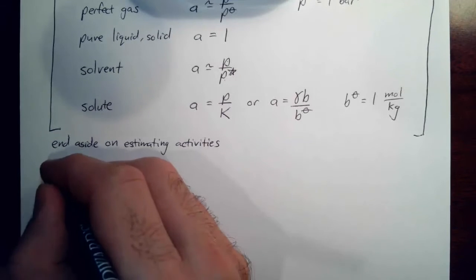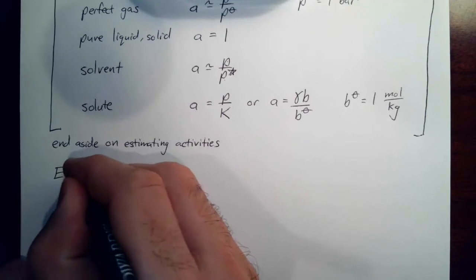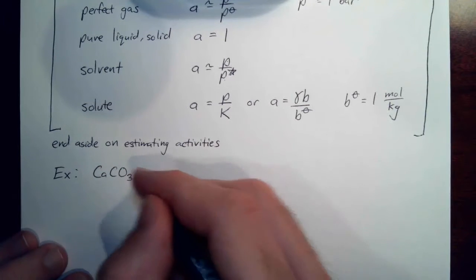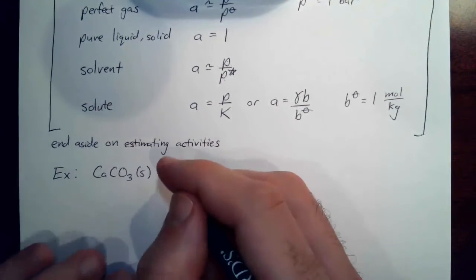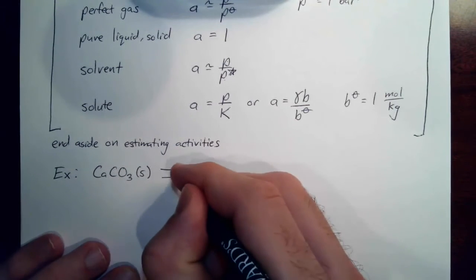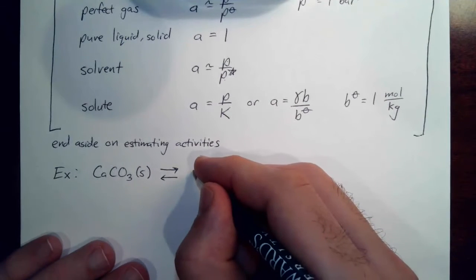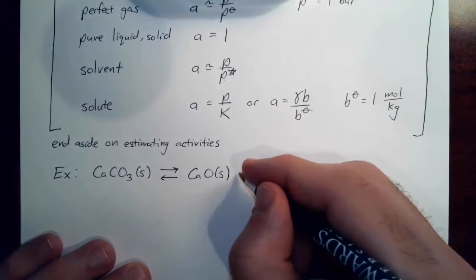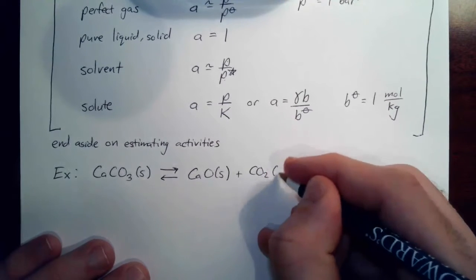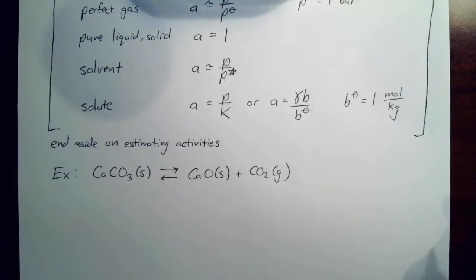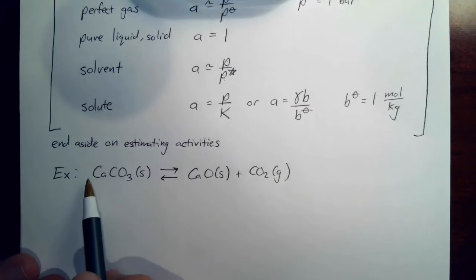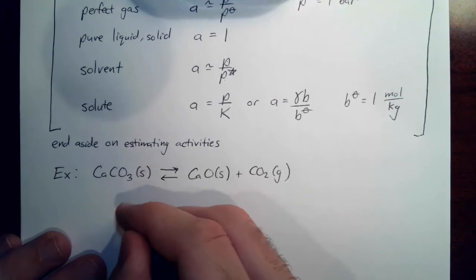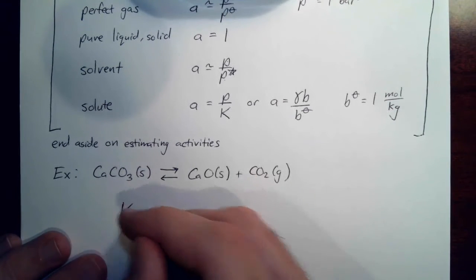Okay, let me show you an example of using these estimates. In this example, we're going to talk about the reaction where calcium carbonate, solid, is decomposing into calcium oxide, solid, plus carbon dioxide, gas. All the stoichiometric coefficients are 1, so the power of all the activities is going to be 1.